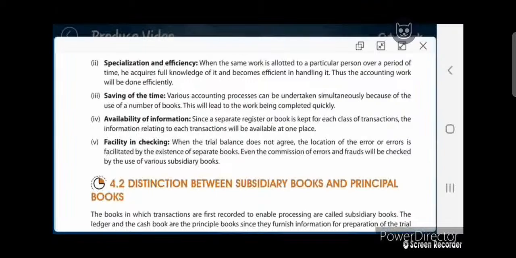Thus the accounting work will be done efficiently and easily, because they will have the knowledge and find it easy to handle.